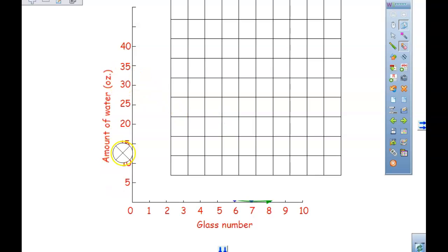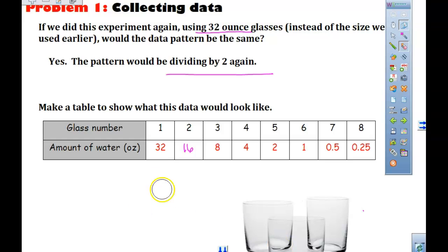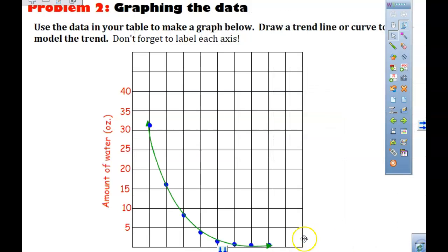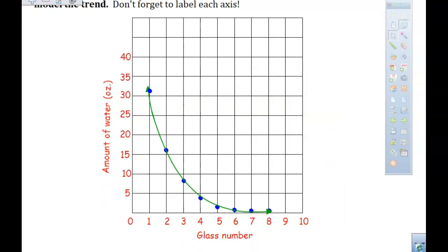We are going to be making sure that this scale is right, and again, if you have to pause it, you are now going to plot those points. So 1, 32; 2, 16; 3, 8. On that table, you're going to plot the points. As you plot those points, you should see something like this.